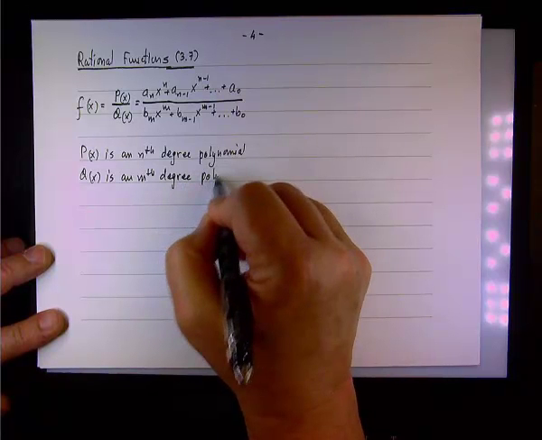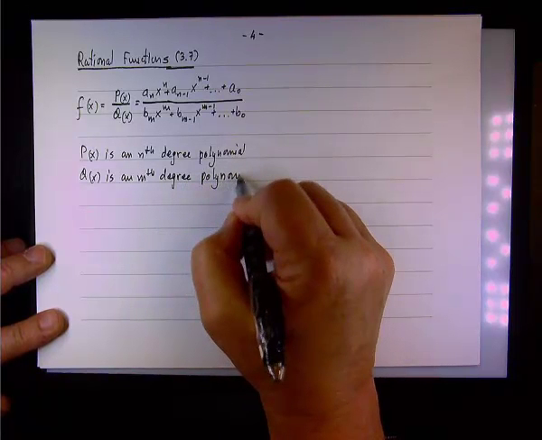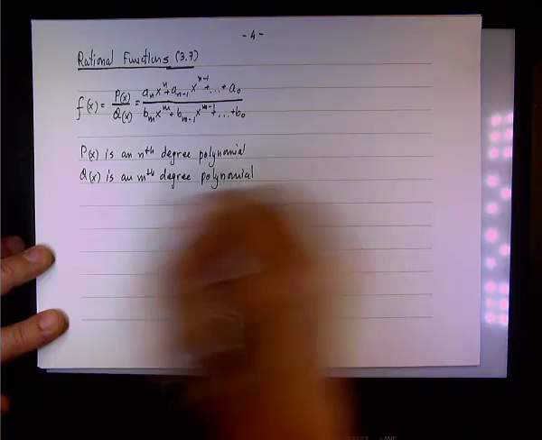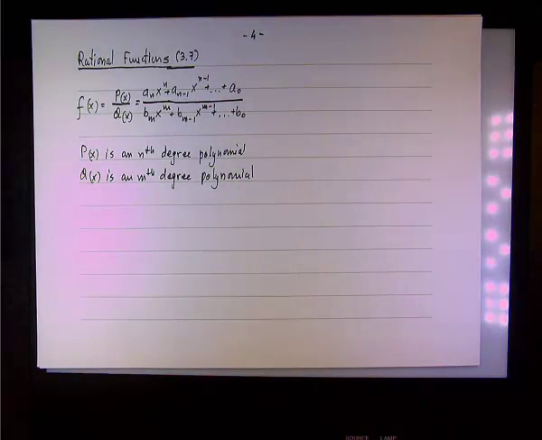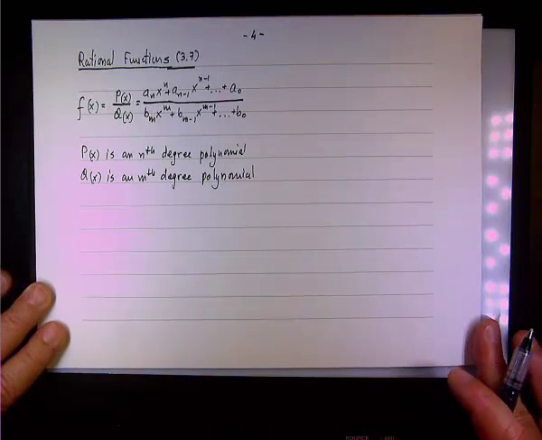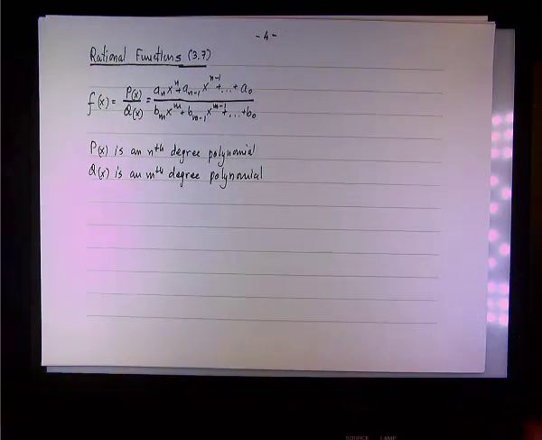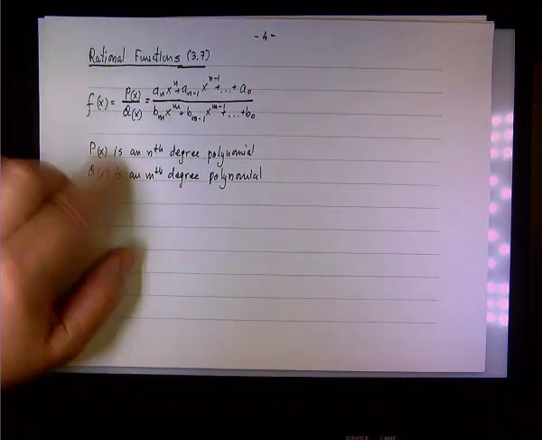Now we'll address how n and m relate to each other, the degree of the polynomials, a little bit later, or perhaps after the spring break, when we'll talk about the asymptotic behavior or the long-term behavior of the rational function.